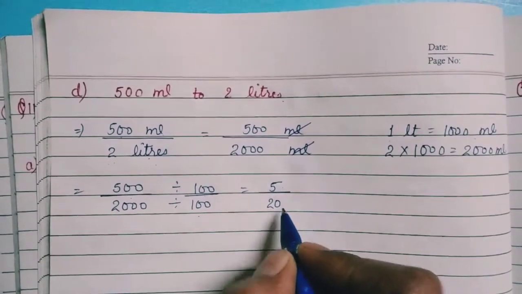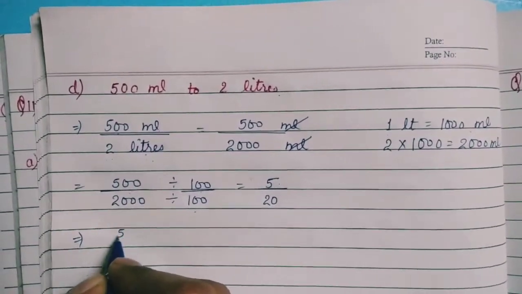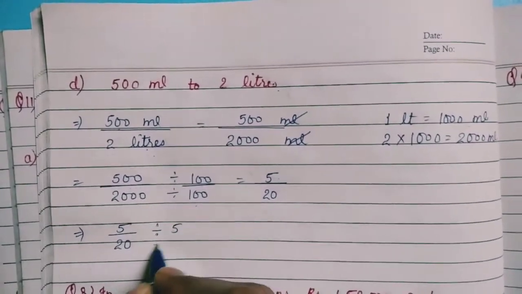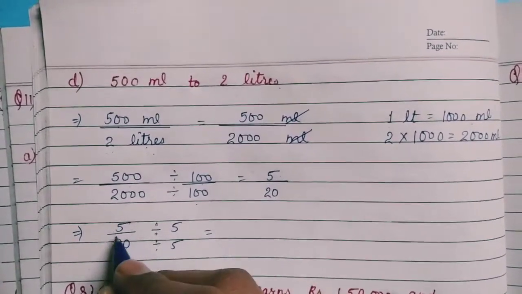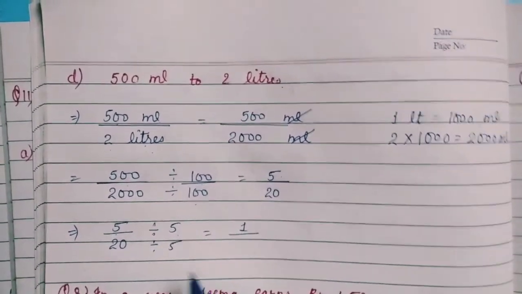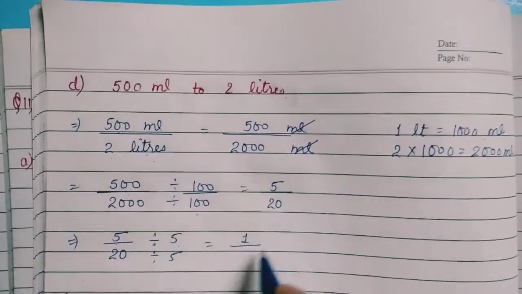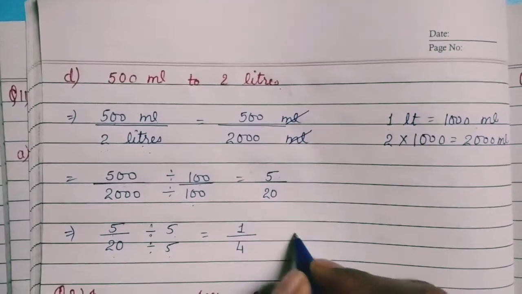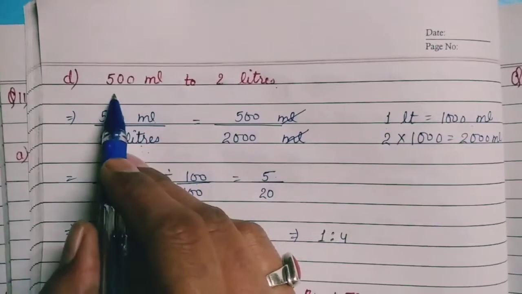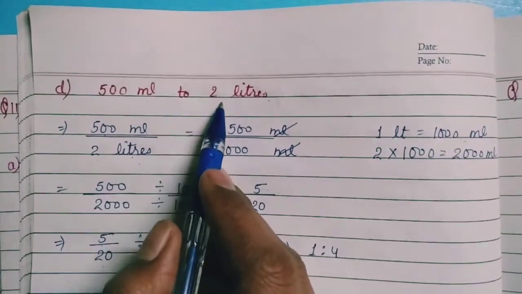Still 5 and 20 can be reduced by the 5. So when 5 will divide by 5, we have 1, and when 20 will divide by 5, we have 4. So that the ratio is 1:4 in between 500 milliliter to 2 liters.